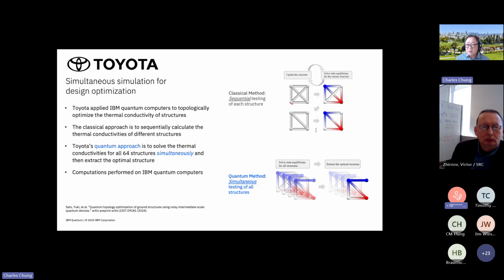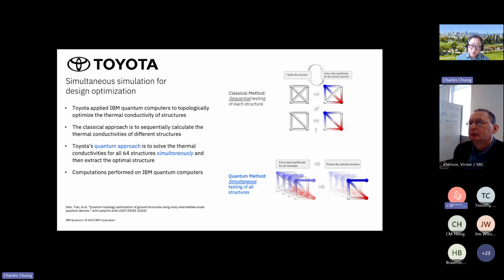Their design space in this case is these 6 lines, the 4 lines that form the edges and the diagonals of this square. What they're looking for is the structure that has the best thermal conductivity. The way you do this classically is you identify a candidate structure, calculate its thermal conductivity, then look at the next one and calculate its thermal conductivity, and so on. In the quantum method that Toyota developed, they can look at all 2 to the 6, or 64, structures simultaneously and then extract the optimal structure.